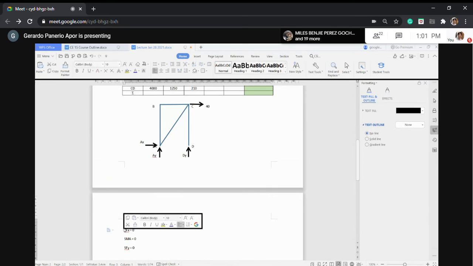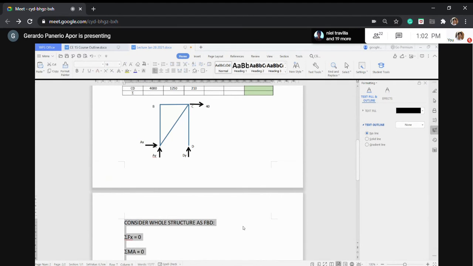And then I will change this into its Greek symbol, so it will become sigma. Then this one is also a sigma, and this one is also a sigma. And then I want to make this big. Maybe 16 will do.